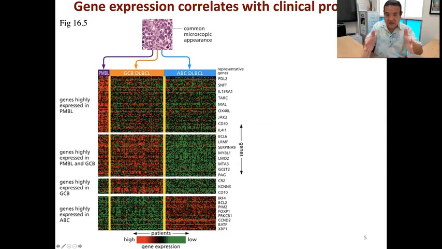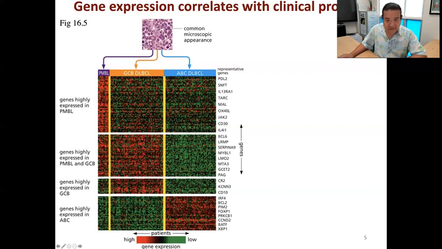If you further divide this matrix into three bigger column groups, something amazing happens. You can really see now the subtype-specific signature of gene expression in these different types of lymphomas. The PMBL lymphomas typically have the highest expression levels of these first top two groups of genes, but low levels of these two bottom groups.